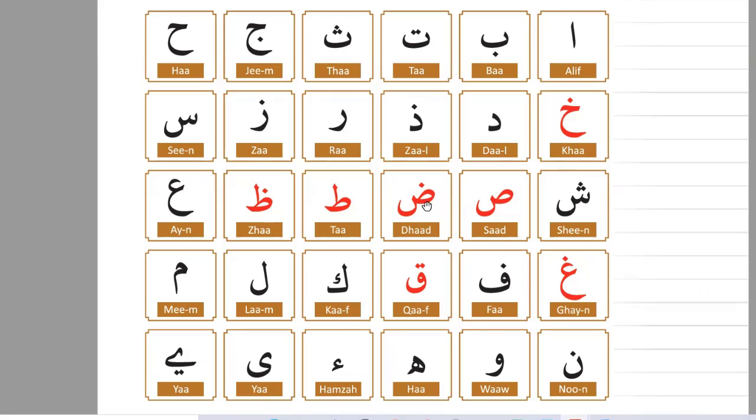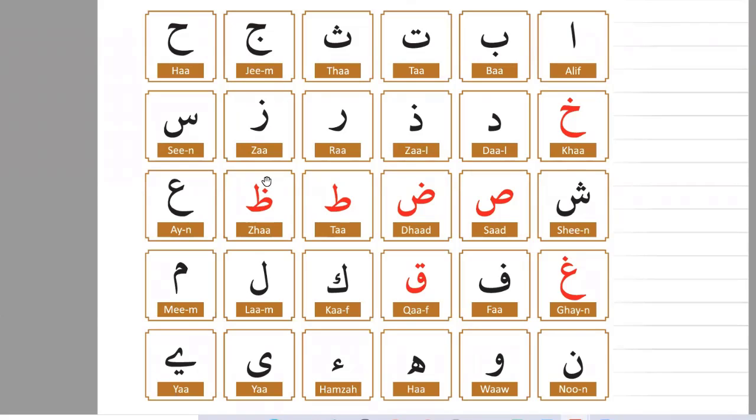You also have to elevate the back of your tongue. Then Ta, which is just like that but you have to make it heavy because it is an awesome letter. Then Tha.